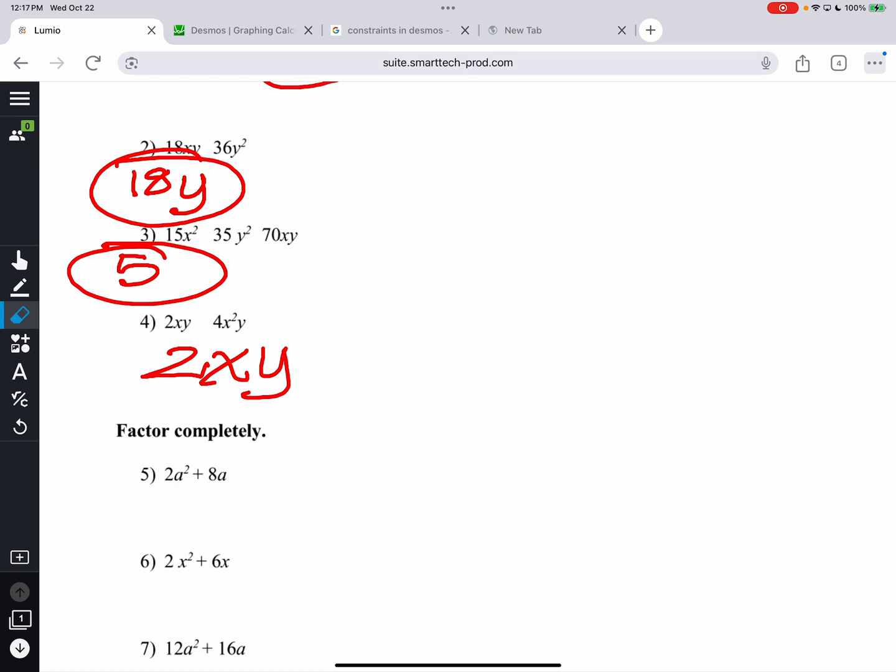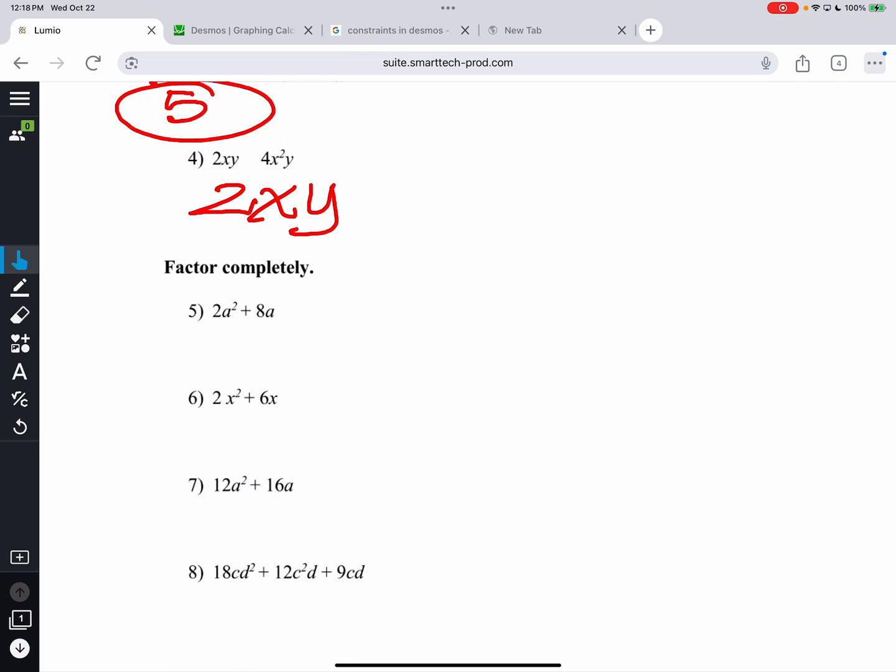So looking at our first one, 2a squared plus 8a. What would be the greatest common factor? 2. What about variables? A. So if we take 2a squared and divide it by 2a, what are we left with? Just an a, 1a.